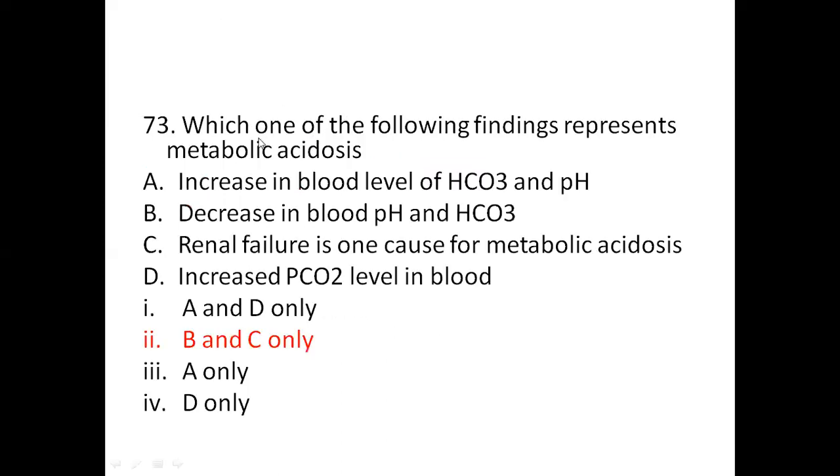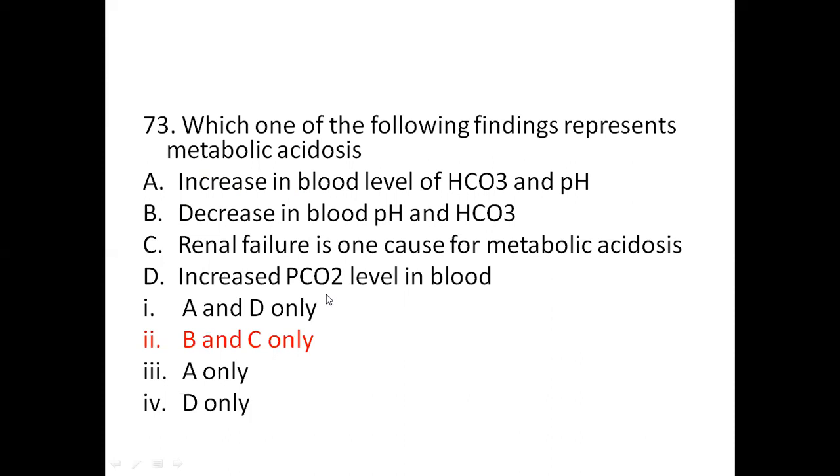Next question. Which of the following findings represent a metabolic acidosis? Option A, increase in blood level of HCO3 and pH. Option B, decrease in blood pH and HCO3. Option C, renal failure is one cause for metabolic acidosis.